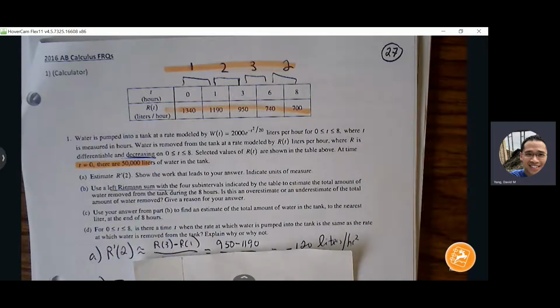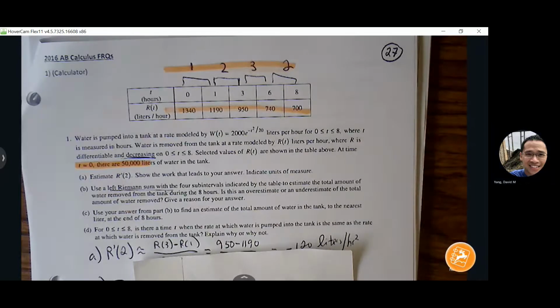Subtract each of the subintervals there. So 1 minus 0, 3 minus 1, 6 minus 3, 8 minus 6. And then your width is going to come from that top highlighted row. And then the bottom row is going to be where you pick up the height, right? And you do width times height all the way down.